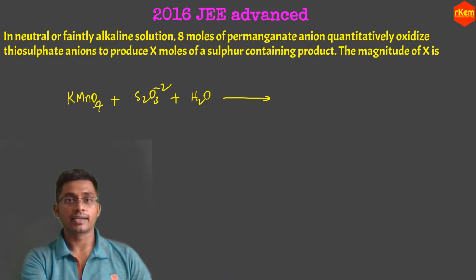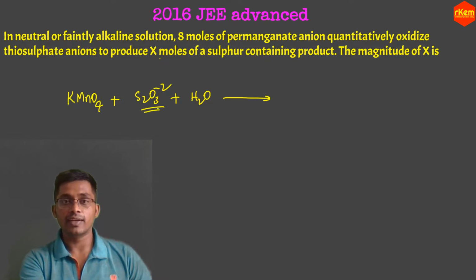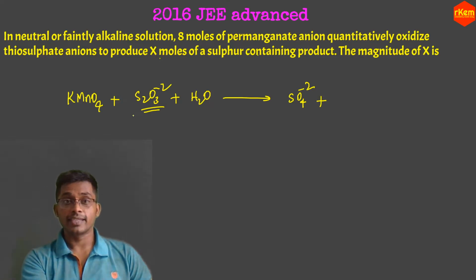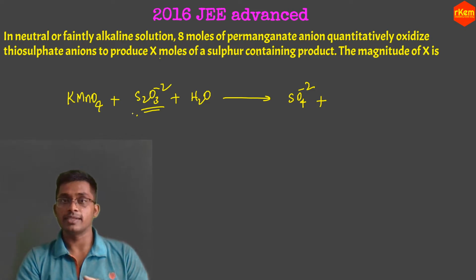The final reaction will give X moles of sulfur containing product. The sulfur containing product is SO4 minus 2. Thiosulfate is undergoing oxidation and gives sulfate ion.